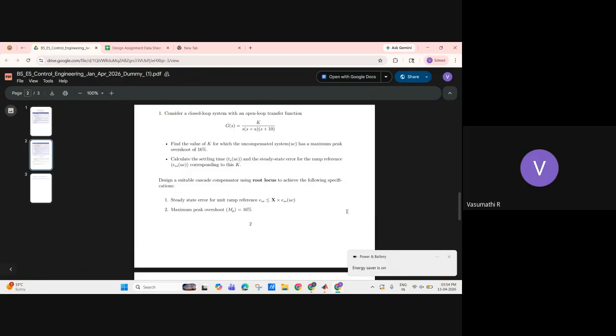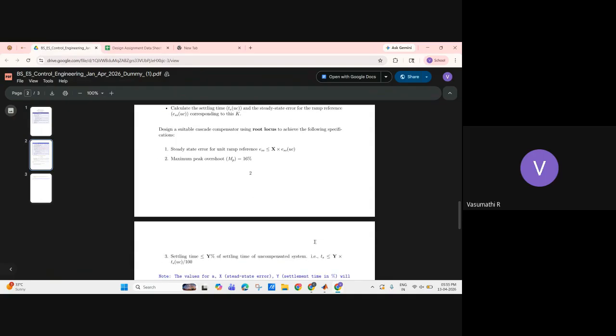Some people need to put two compensators in series, one after another, to get the desired specification. So we have commonly mentioned a suitable cascade compensator, it can be one or multiple. It's according to your convenience. Just see with one compensator whether you will be able to achieve the end results. Otherwise, you do it multiple times.